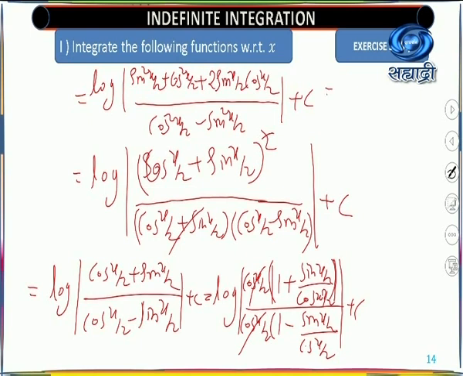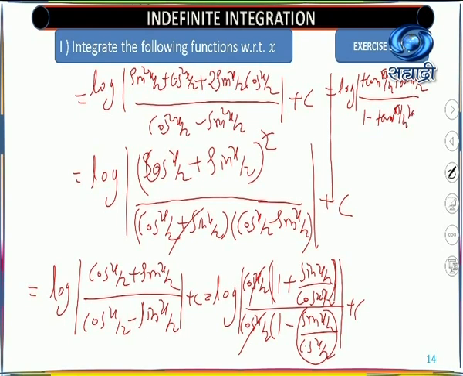So you are able to write this as log of mod of tan pi by 4 plus tan x by 2 upon 1 minus, this I will write as 1 into tan x by 2, so this is tan pi by 4 tan x by 2.